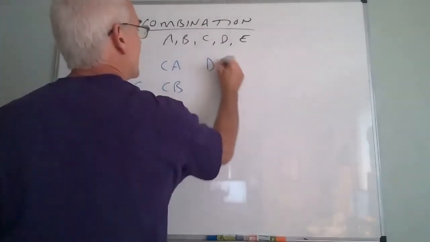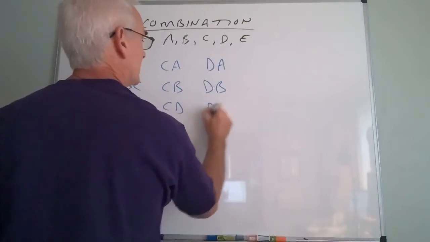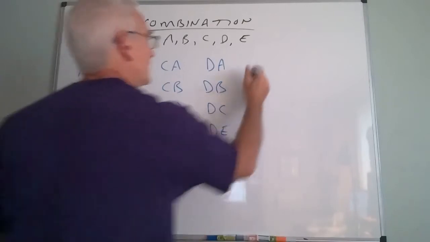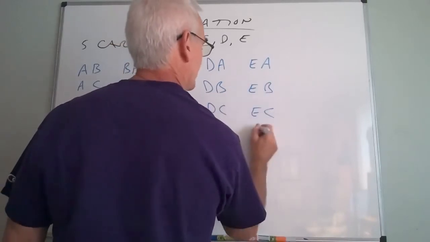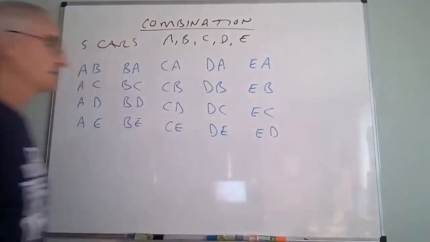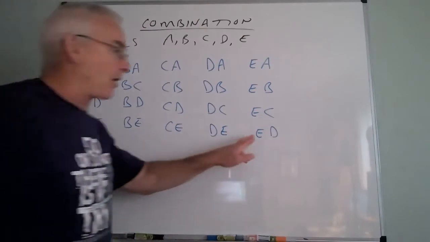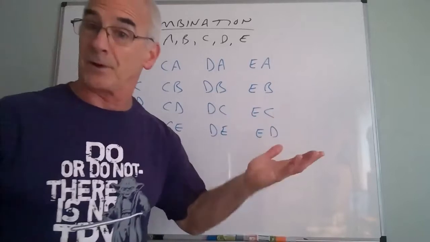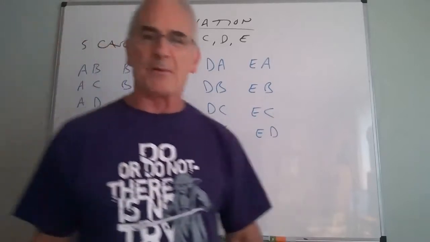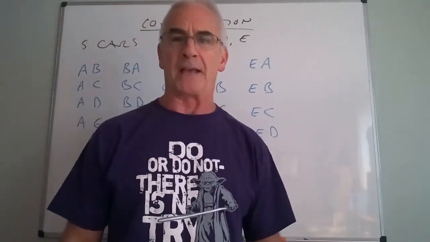I can go DA, DB, DC, DE, and I can go EA, EB, EC, ED. So the last choice, I give the 5th car to my first friend, and I give the 4th car to my second friend. Great.